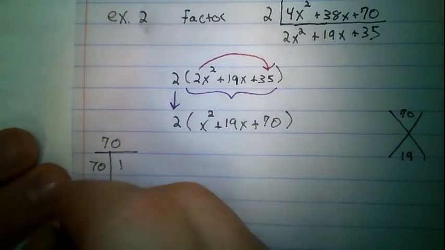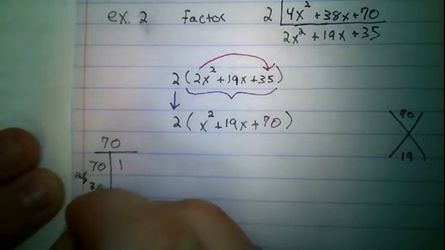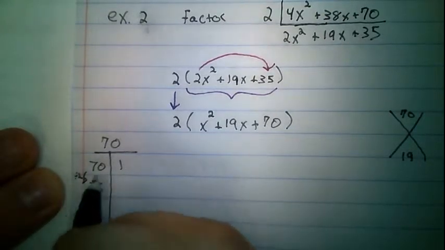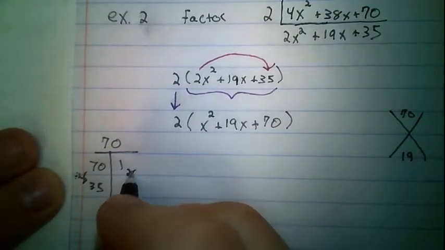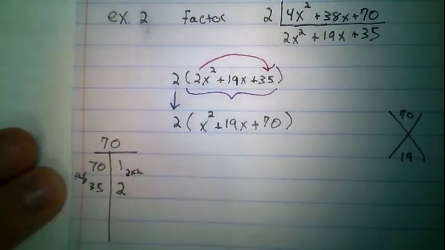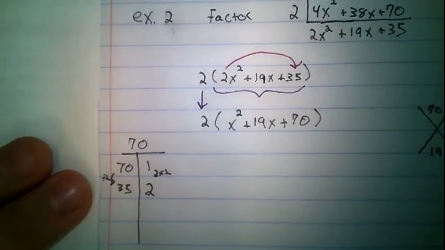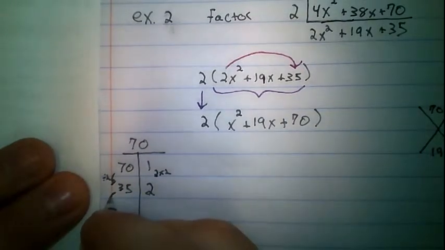If I divide 70 by 2, that will give me 35. If I multiply 1 by 2, that gives me 2. And 35 times 2 is 70. But that just adds up to 37, so that's not going to work either. Let's try again. What if I take this 35 and I divided it by 5?